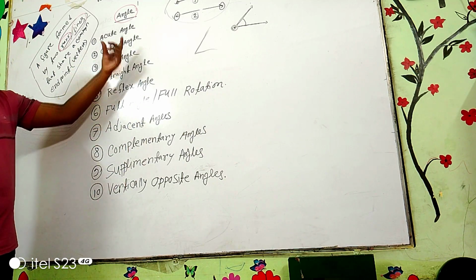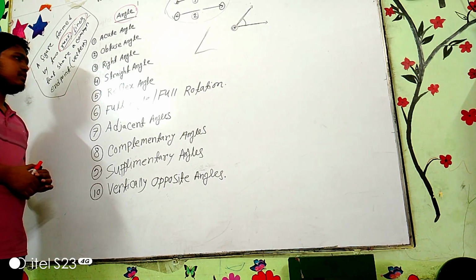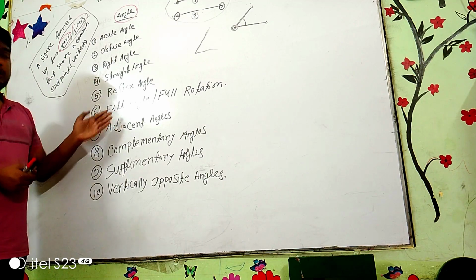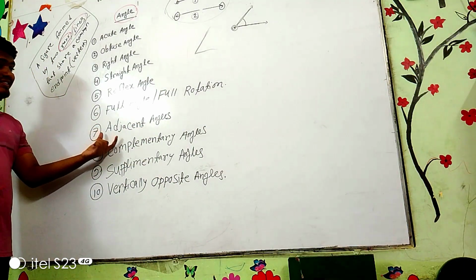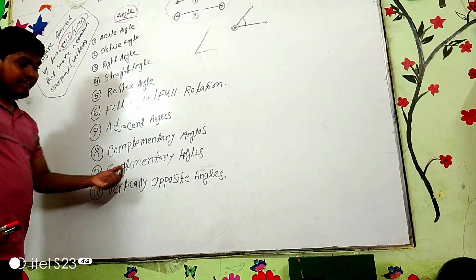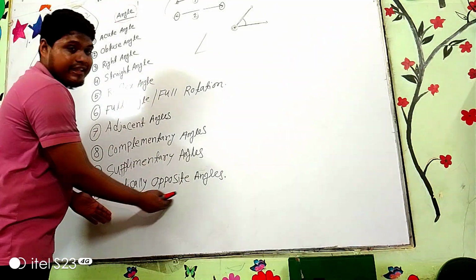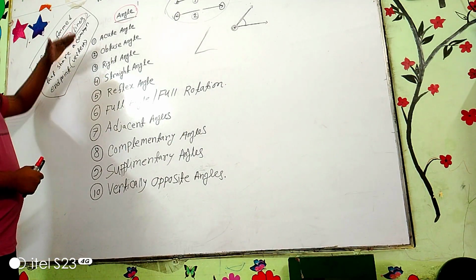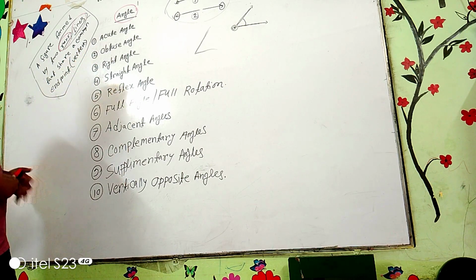They are acute angle, obtuse angle, right angle, straight angle, reflex angle, full angle or full rotation, adjacent angles, complementary angles, supplementary angles, and finally vertically opposite angles. Now we will learn what are they.